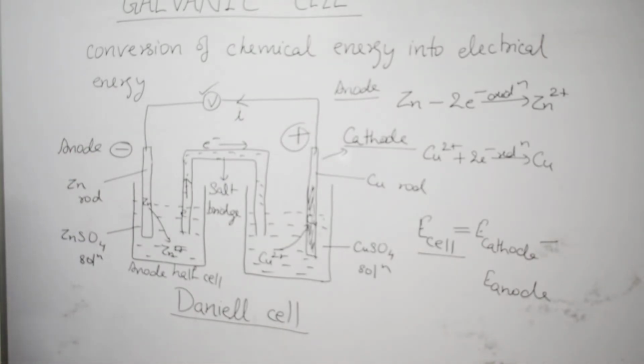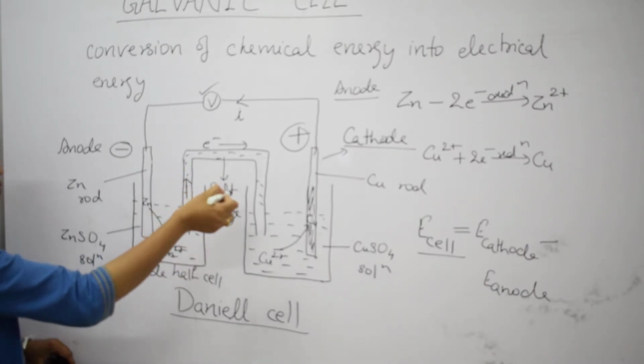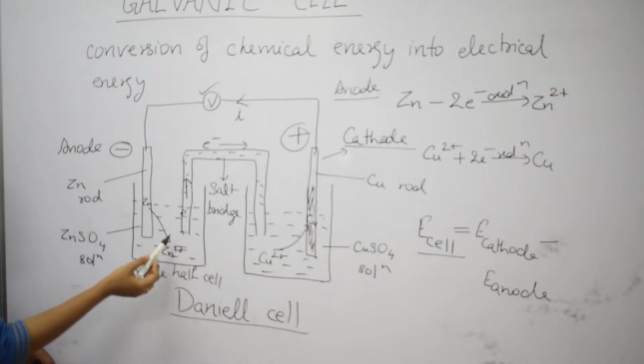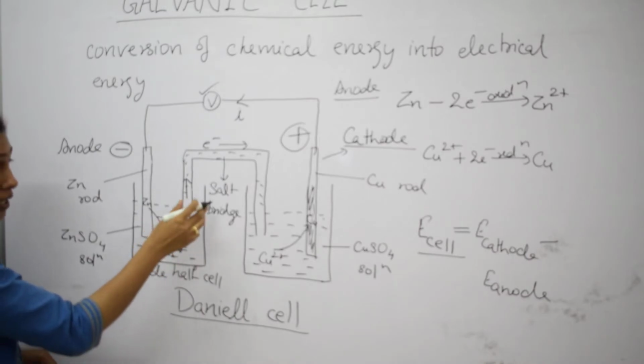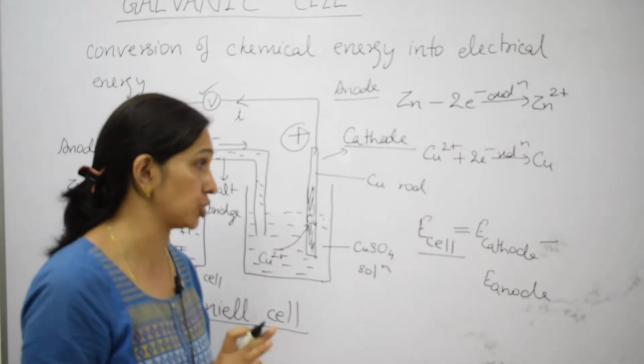So, the salt bridge plays two roles here: maintaining the flow of electrons from anode to cathode, and second, it gives the electrical neutrality, it balances the neutrality of half cell solutions by providing the oppositely charged ions.